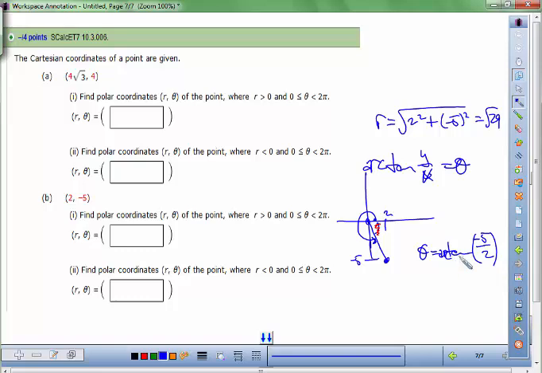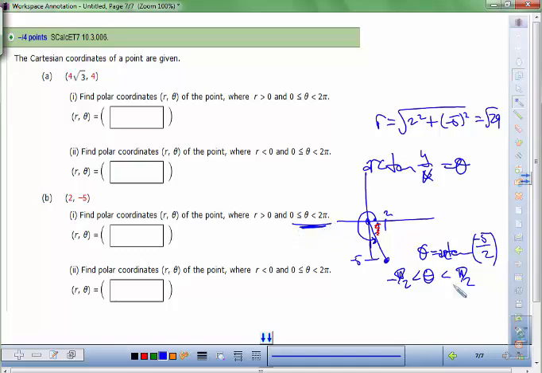So what we want to do is, this theta right now is between, not including, negative pi over 2 and pi over 2. And if it was positive, then you'd be good because it would be between 0 and 2 pi.